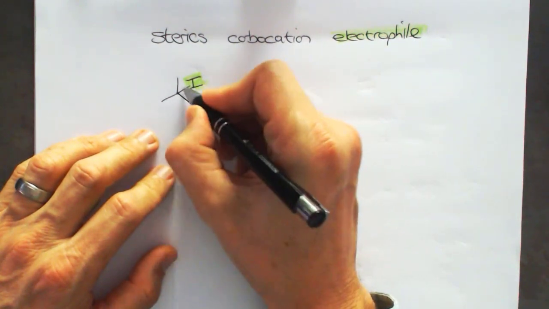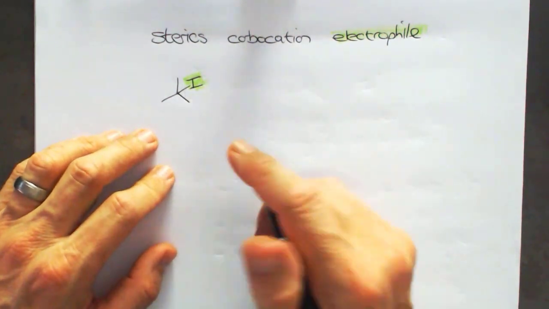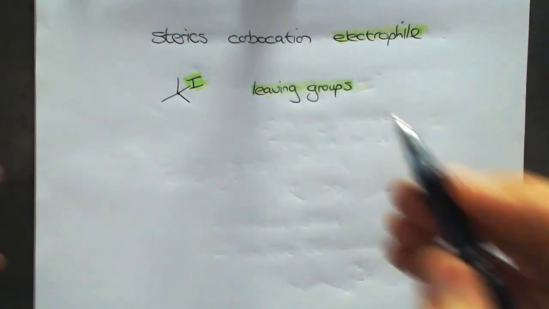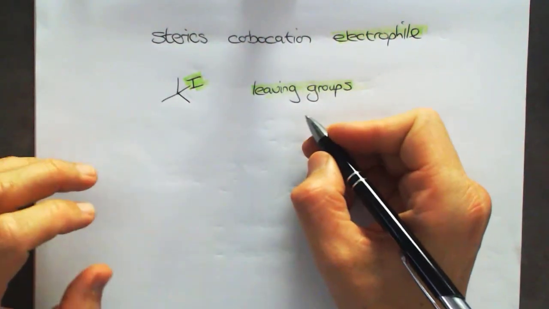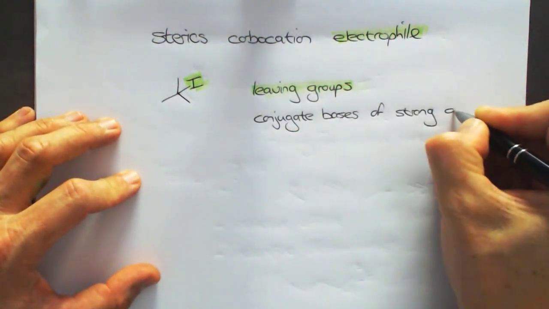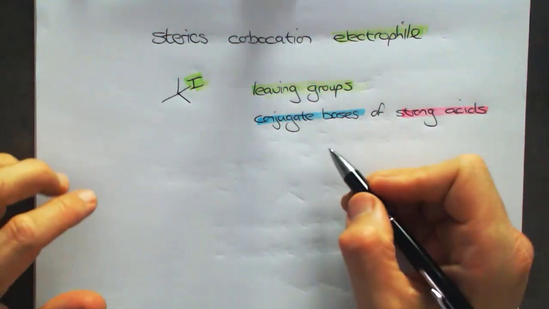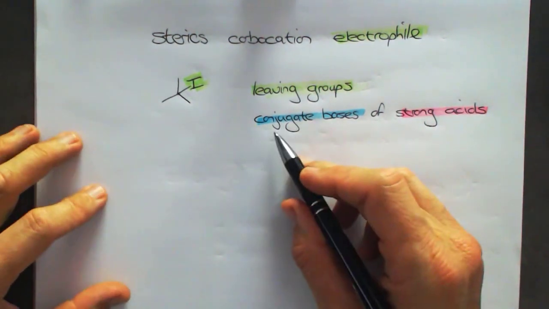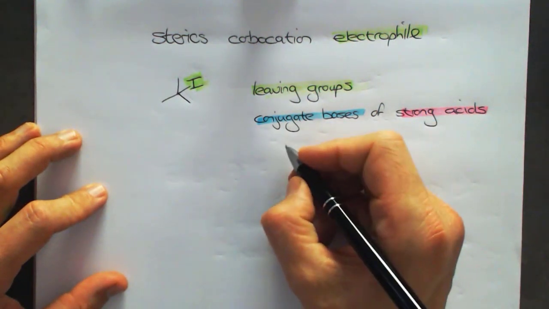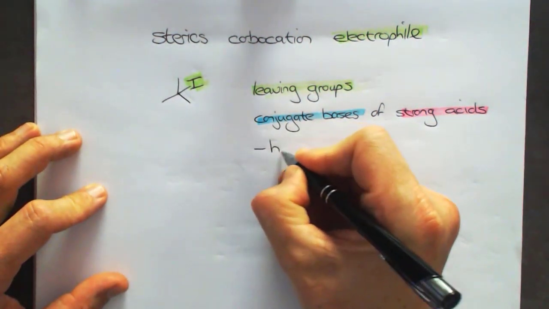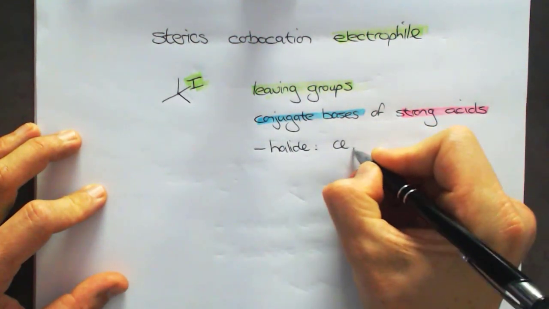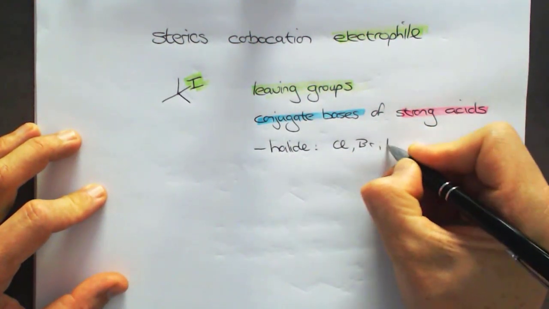However, what we do need to pay a little bit of attention to here is our leaving groups. And you should remember that our standard definition of leaving groups is that they are conjugate bases of strong acids. So that is the definition of a good leaving group. And up until now, most of the leaving groups that you looked at have been, of course, the halides, specifically chlorine, bromine, and iodine.